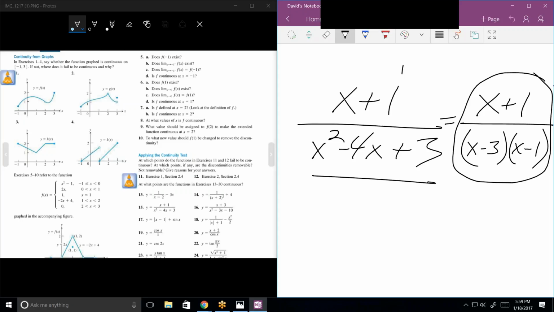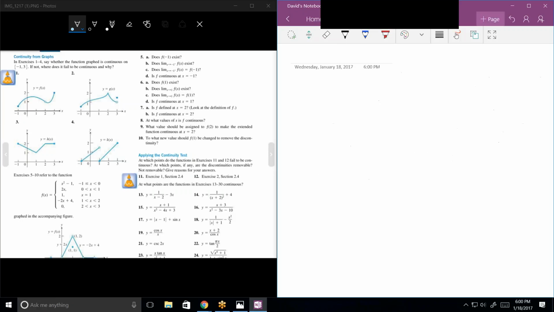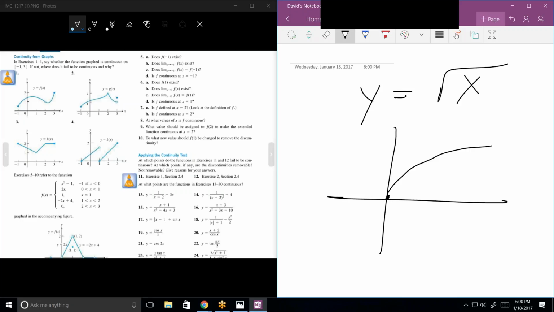Okay. There are a few other situations. If I say y equals square root of x, what does that look like? That looks like this. So that's continuous for what? The question is, at what points is the function continuous?